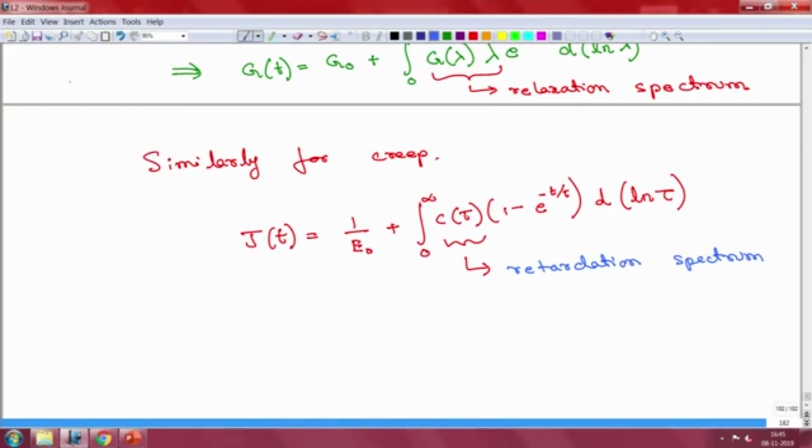Now, once you go into this retardation spectrum, into this generalization, you can no longer use a finite combination of springs and dashpots to model this kind of system. So, we have seen that we started off with a very simple one dimensional system and went on making the system more and more complicated by adding more elements.